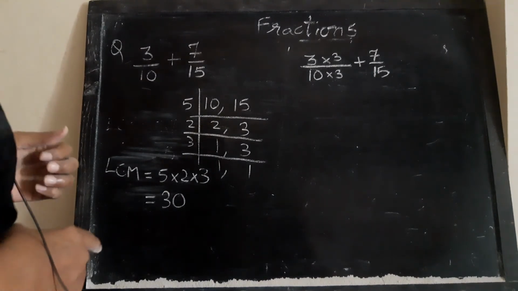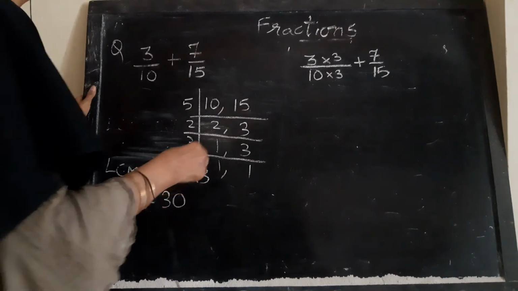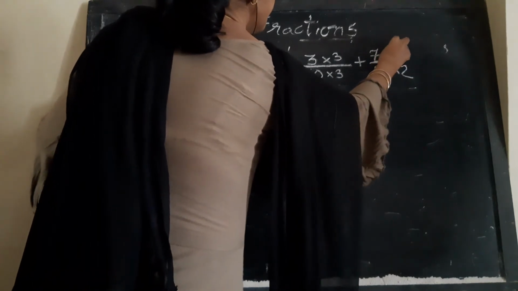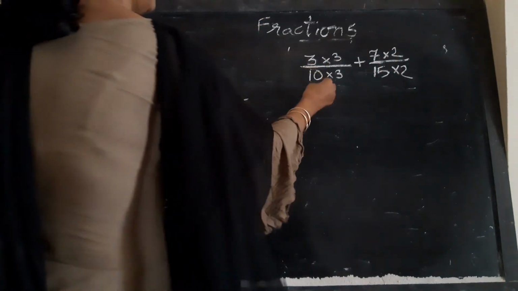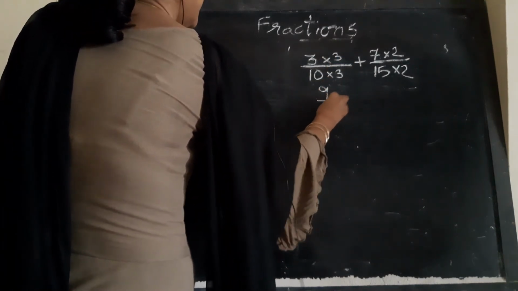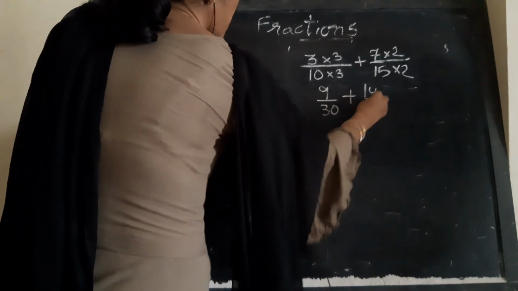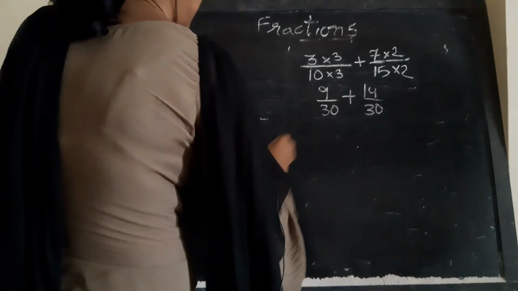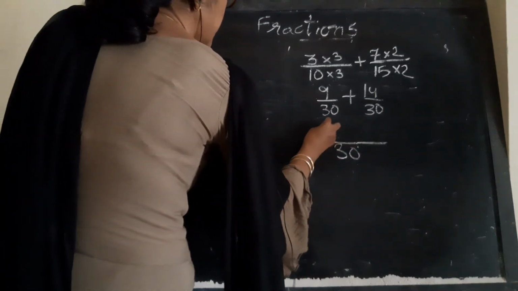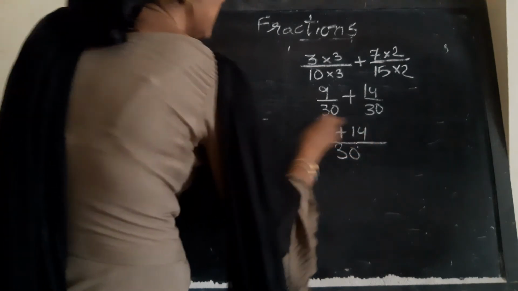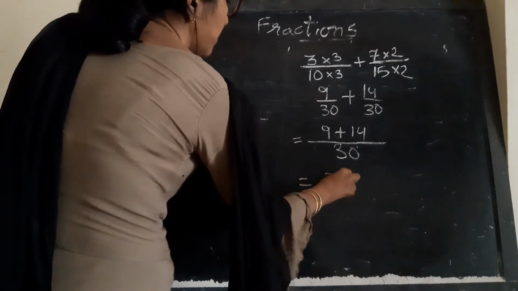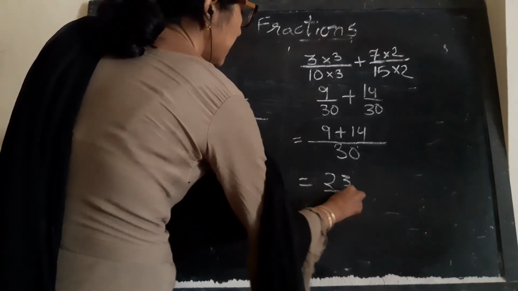Now this 15 will be multiplied by 2 to become 30. 7 will also be multiplied by 2 to become 14. So now the fraction will become 9 upon 30 plus 14 upon 30. So 30 will be written once, drag the line, add the numerators. 14 plus 9 is 23 by 30. Answer.